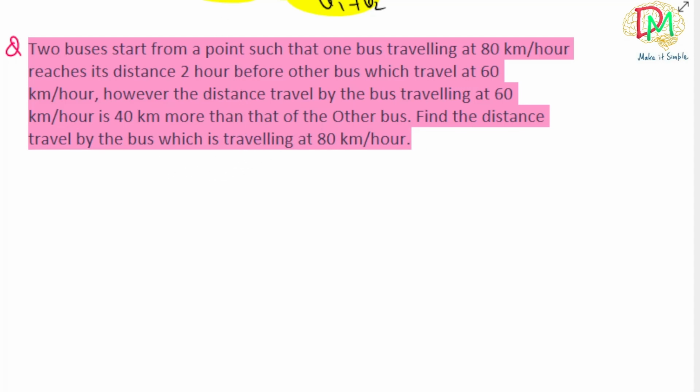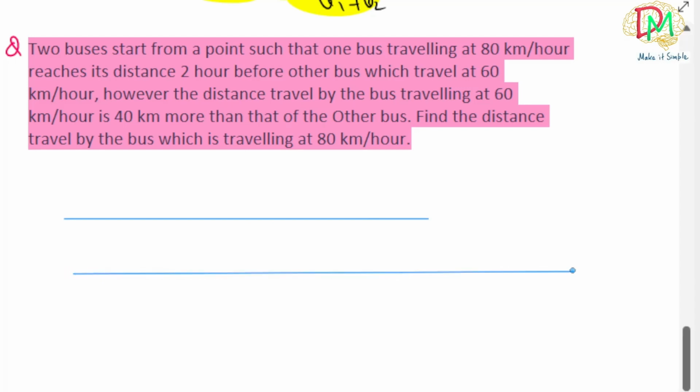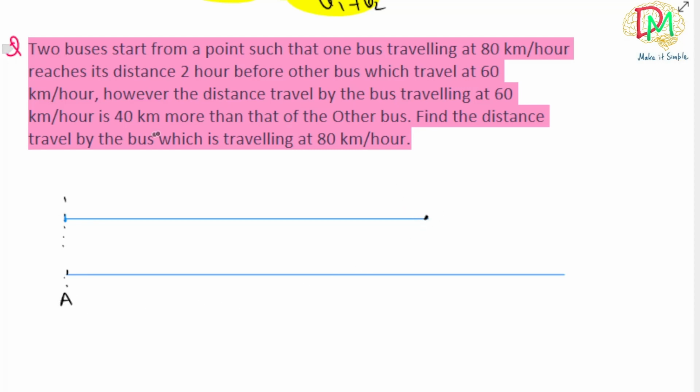So first draw the line diagram. This is one bus and this is the other bus. Since both starting points are the same, that is location A, the bus at 60 km per hour travels the more distance.